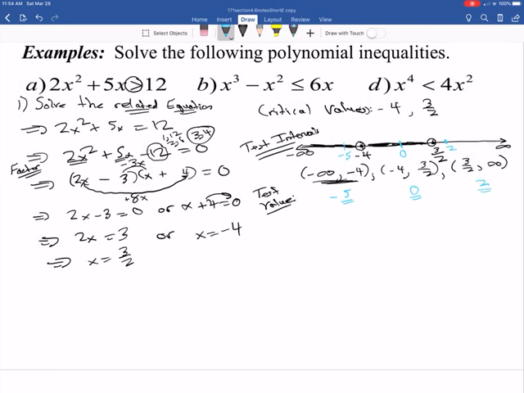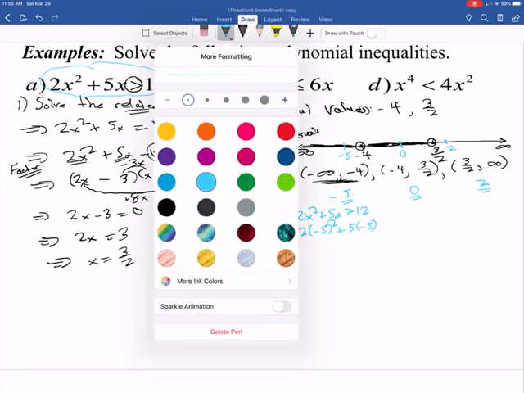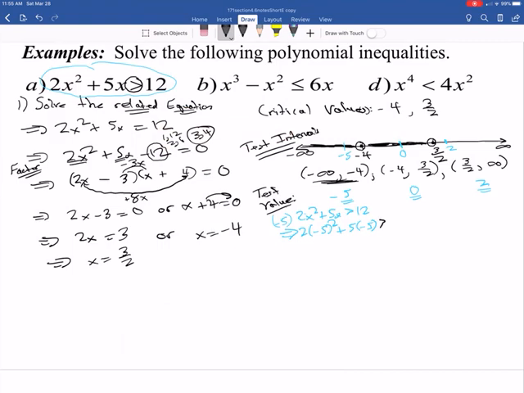So let's see if these are part of the solution set. Is -5 in the solution set? Now again, what are we solving? It's a quadratic inequality. We're given 2x squared plus 5x, and we want to know if it's greater than 12. So with the test value of -5, we have 2 times -5 squared plus 5 times -5. Is it greater than 12?